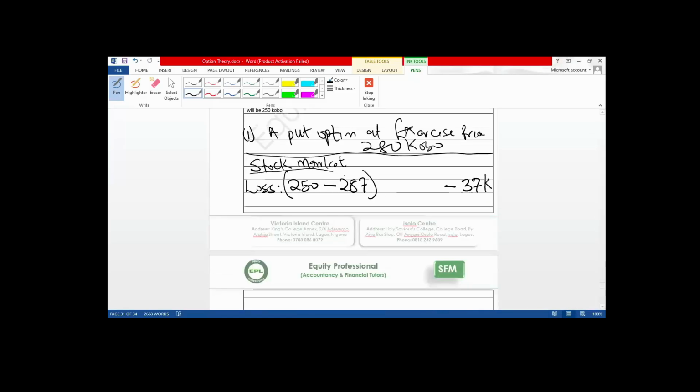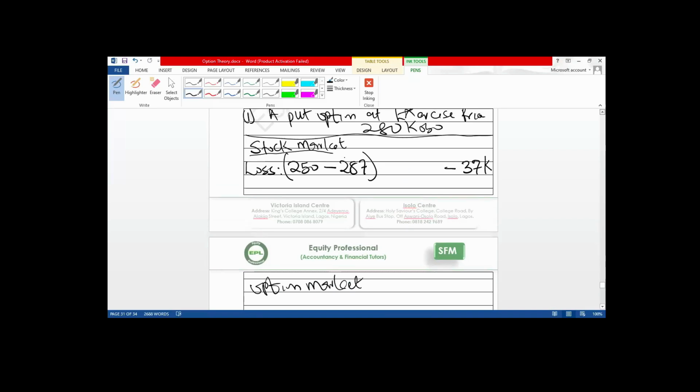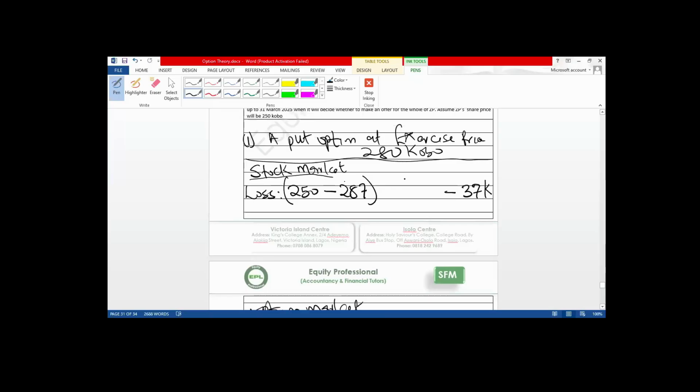At the option market, you have obtained a right to sell your shares at an exercise price of 280.